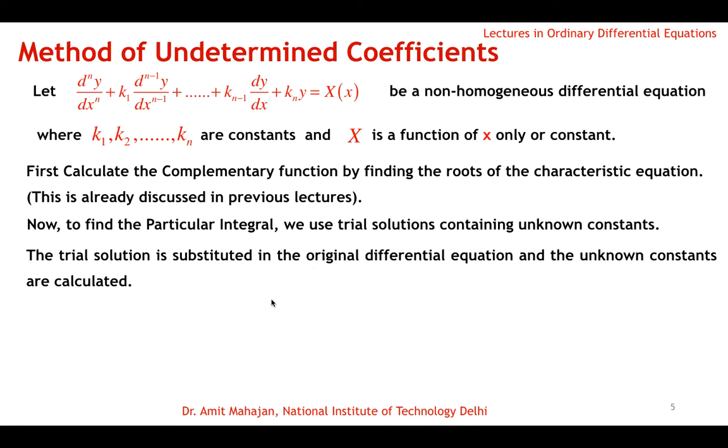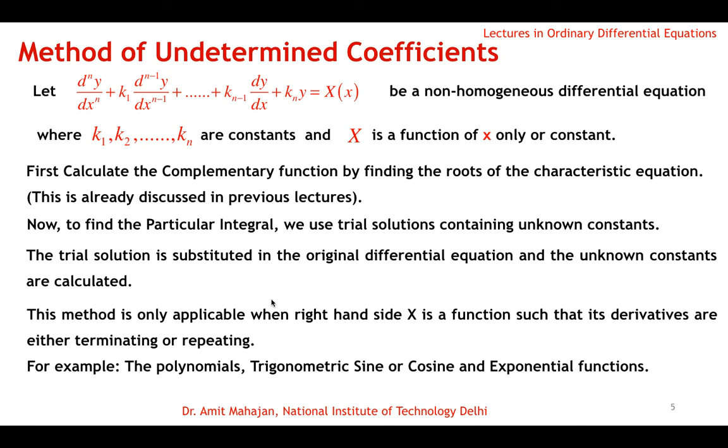We cannot solve every differential equation by this method. We can only solve the differential equation when the right hand side, capital X, is a function such that its derivatives are either terminating or repeating.